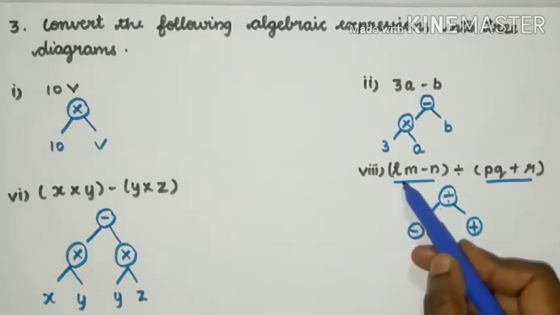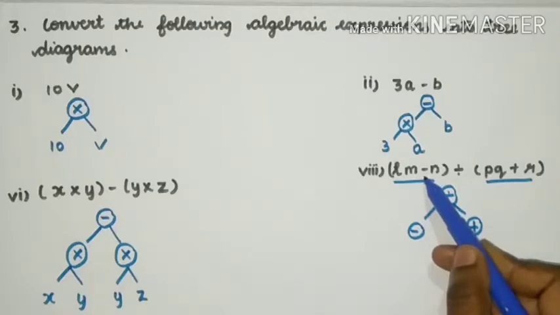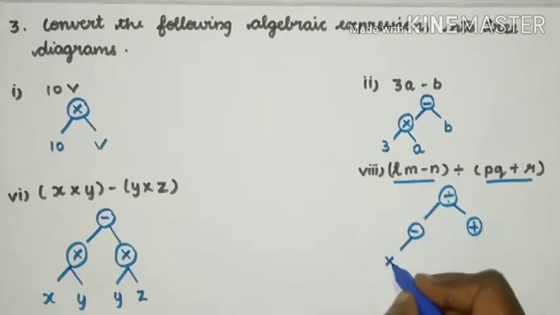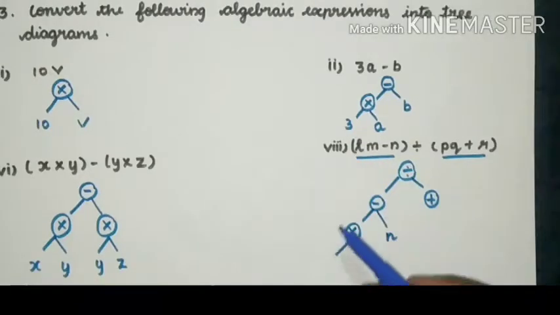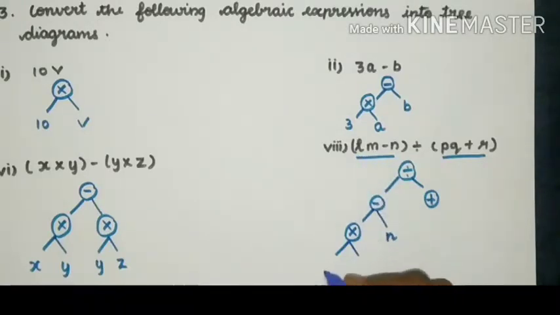And then you have to write l m minus n. l m is in the form of multiplication, so you have to write the multiplication symbol here and then minus n. Which two variables are multiplied here? Yes, l and m. You have to write l and m here.